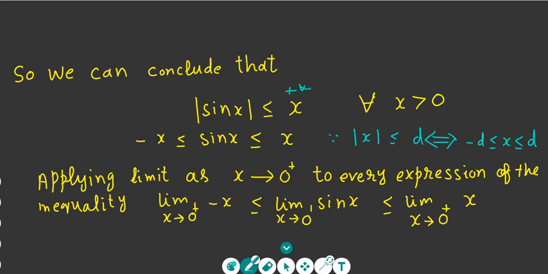This is positive and this is positive, and the relationship between them is less than or equal to. We can also write it as a simultaneous inequality.